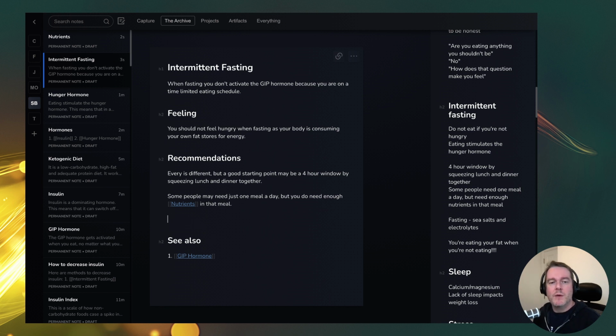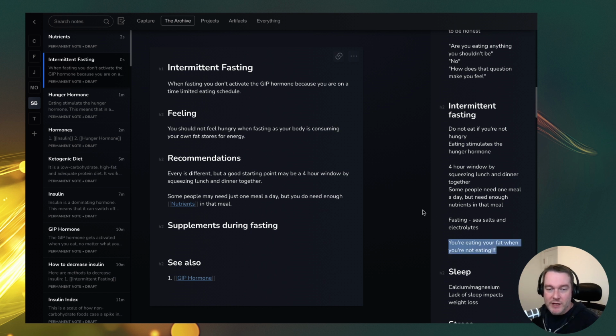And we're saying supplements during fasting. So you're not eating fat when you're not eating. It's the same thing. Sea salts. Sea salts and electrolytes.